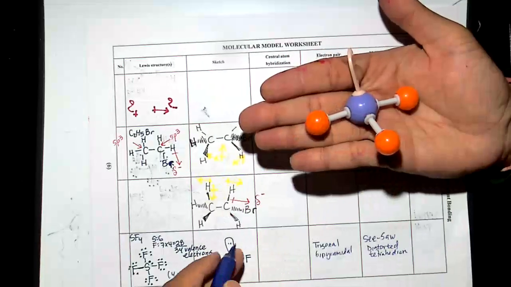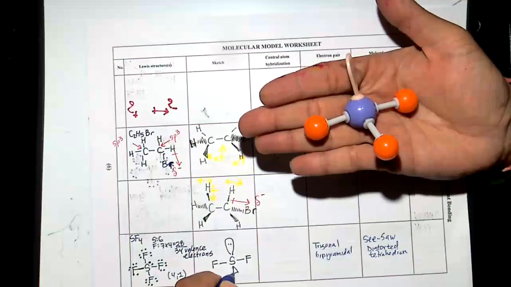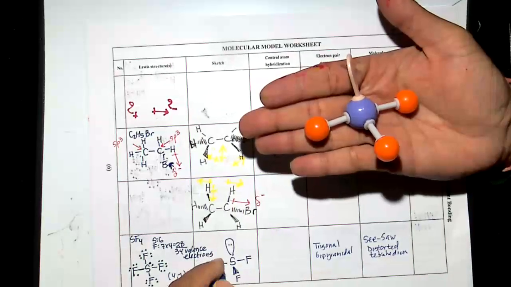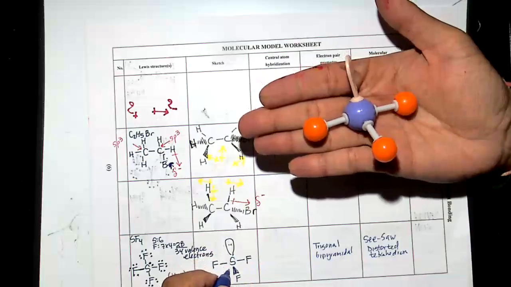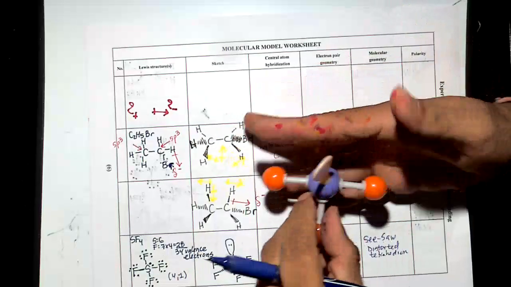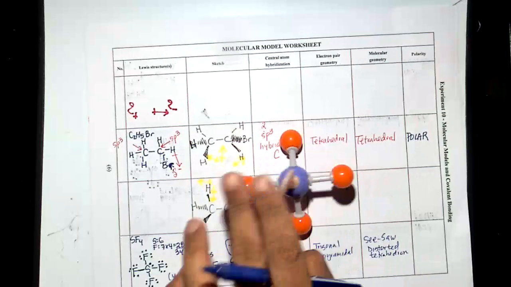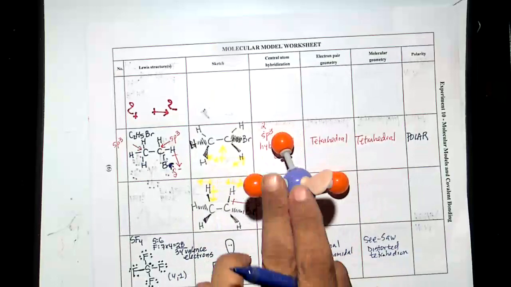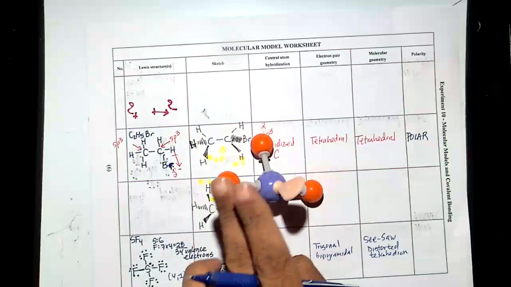What's coming out towards you? Wedge, and that's a fluorine, and what's coming out behind you? Okay, and there's your distorted tetrahedron, also known as seesaw.